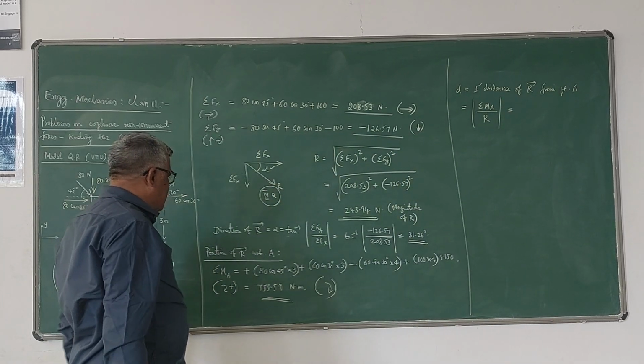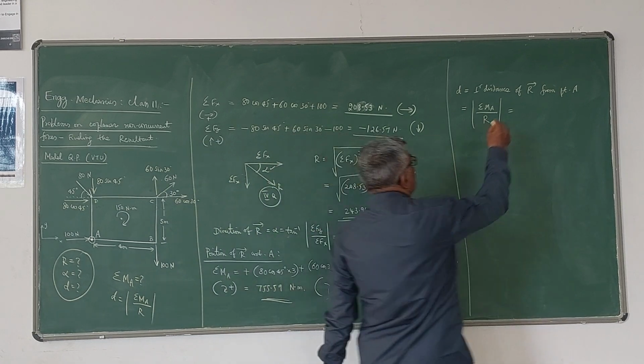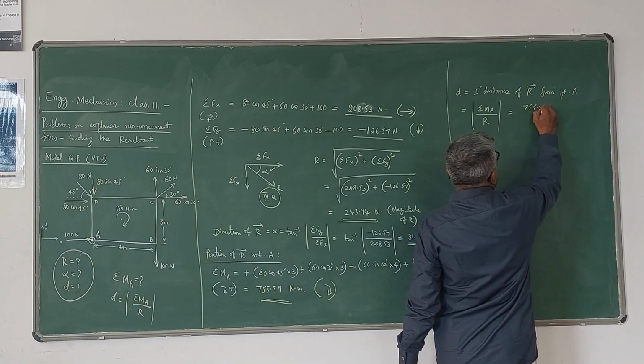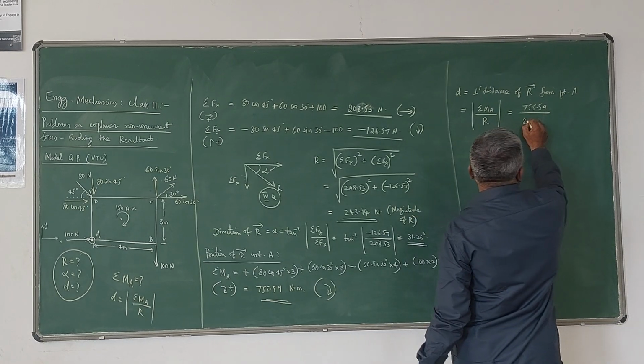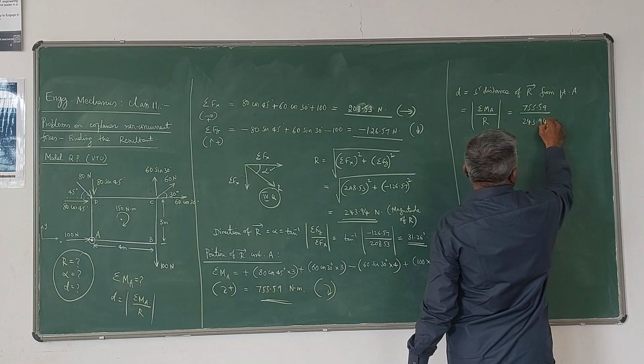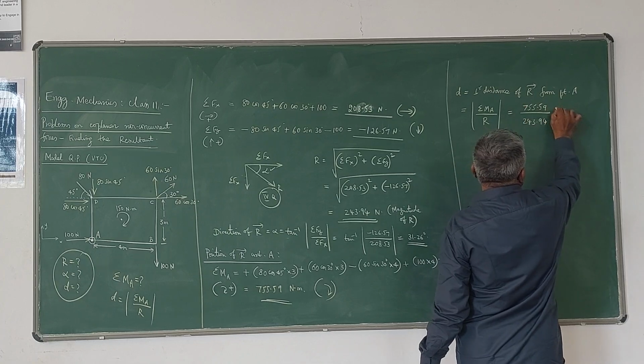So 755.59 divided by the magnitude of R, which is 243.94.